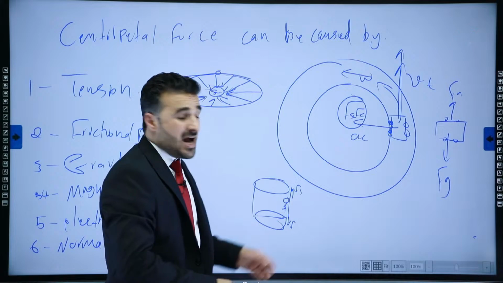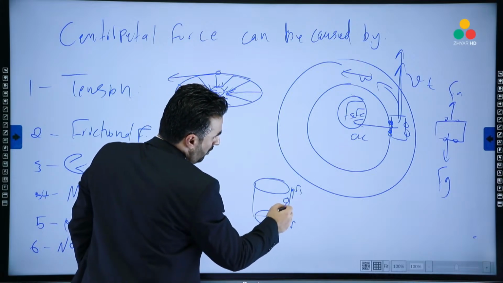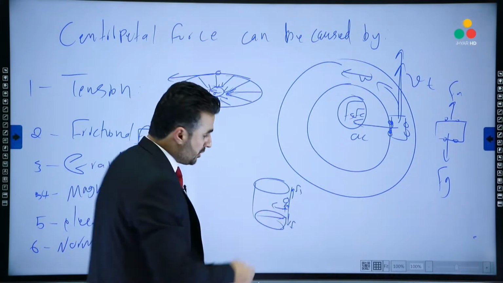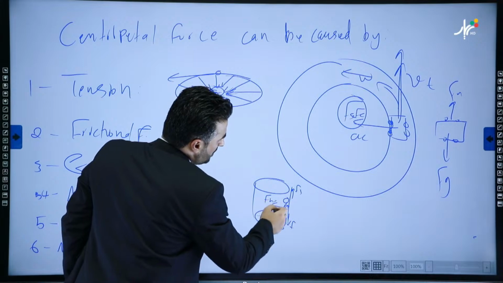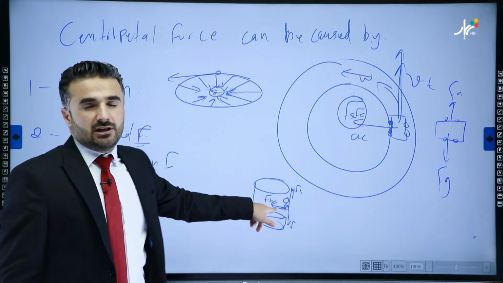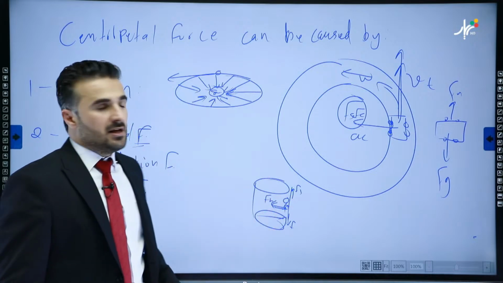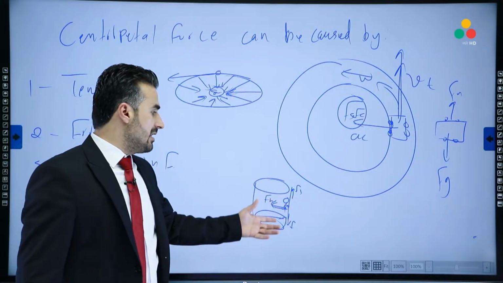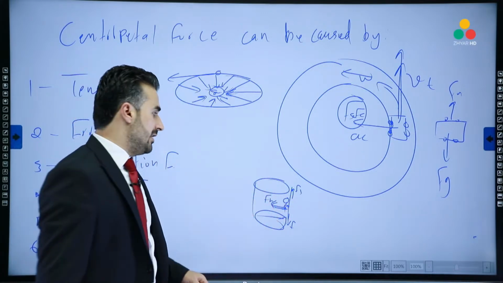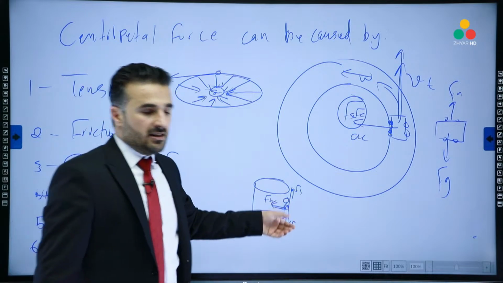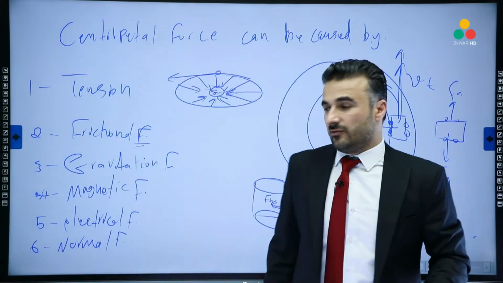The back of this person will be pushed against the wall, and then the wall will have a reaction, or you can say Fn, and this Fn would be directed towards the center of this cylinder, keeping the person moving in a circle. Fn in this case would provide a centripetal force as well.